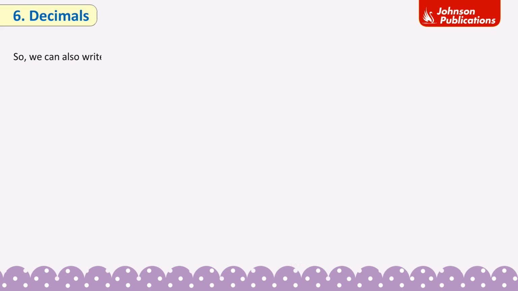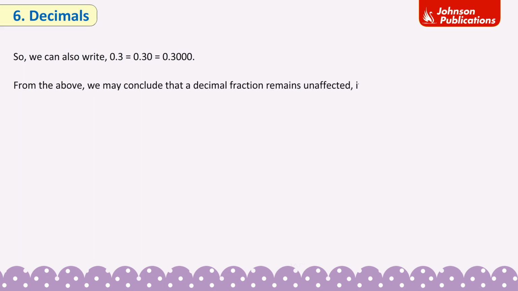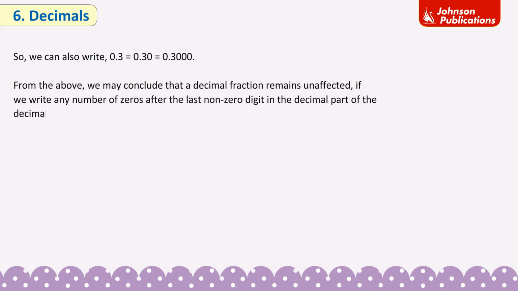So we can also write 0.3 equal to 0.30, which is equal to 0.3000. From the above, we may conclude that a decimal fraction remains unaffected if we write any number of zeros after the last non-zero digit in the decimal part of the decimal number.